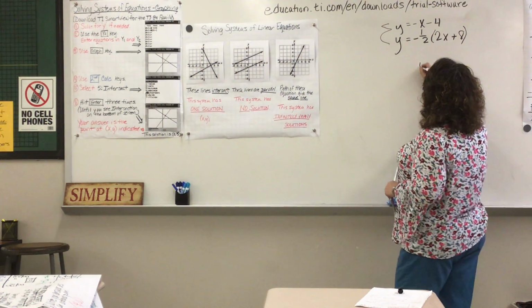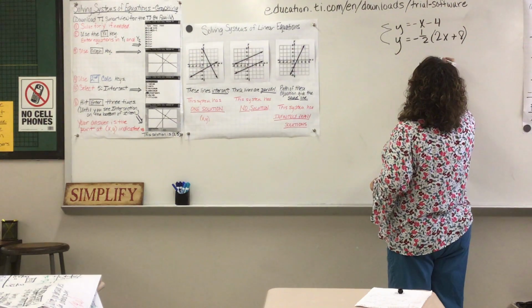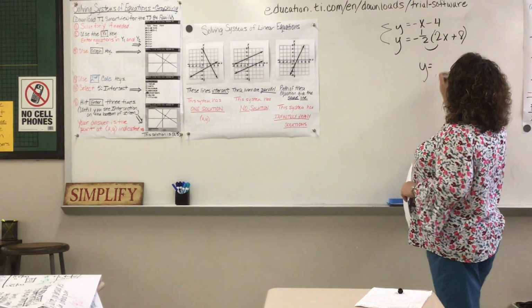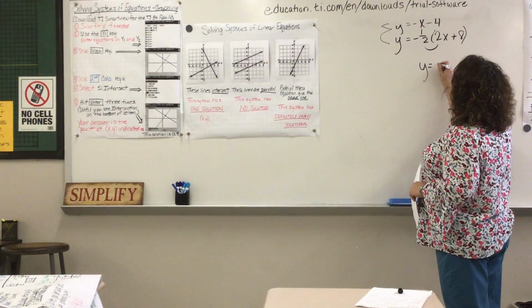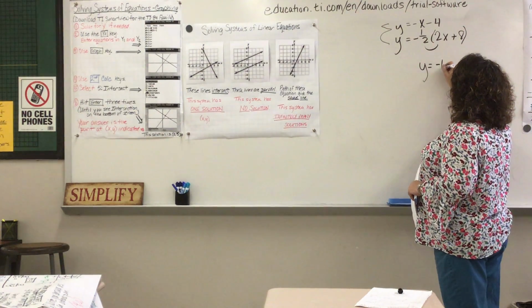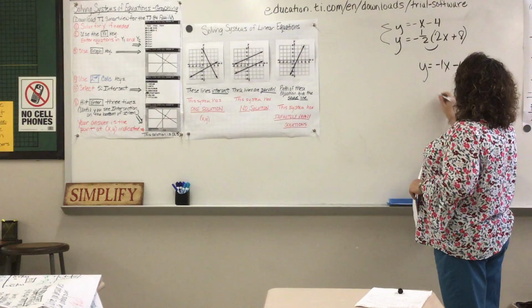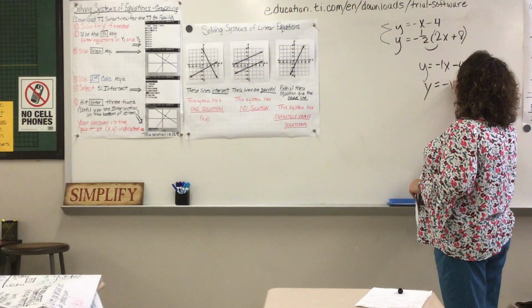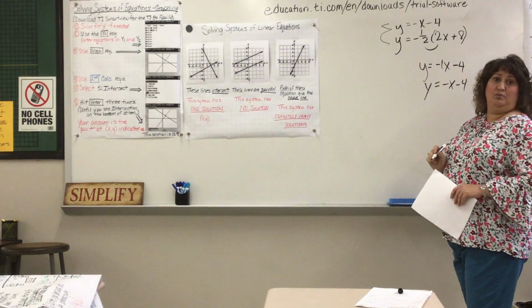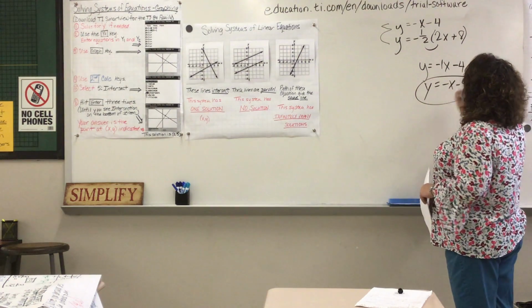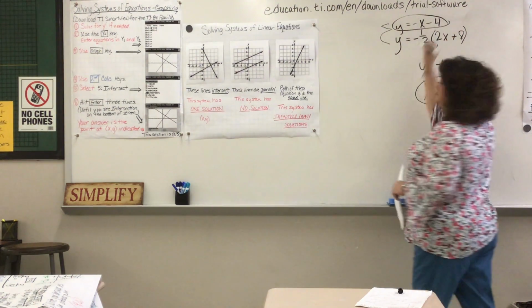So let's see. Y equals negative 1/2 times 2 would be what? Negative 1x. And negative 1/2 times 8 would be minus 4. So that would wind up being y equals negative x minus 4. Uh-oh. I just noticed that this now is exactly the same as the first one.